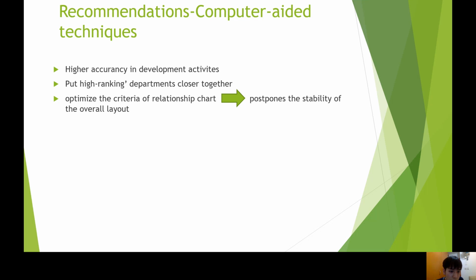There is high accuracy in using computer-aided techniques in development activity, and you can put high-ranking development codes together, and it finally comes up with a solution that can optimize the criteria of the relationship chart, and it can result in postponing the instability of the overall layout. So Tesla may have longer than 2 years to use the layout, or even 10 years, and it is feasible.